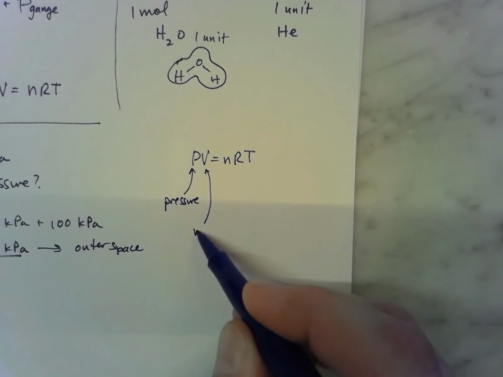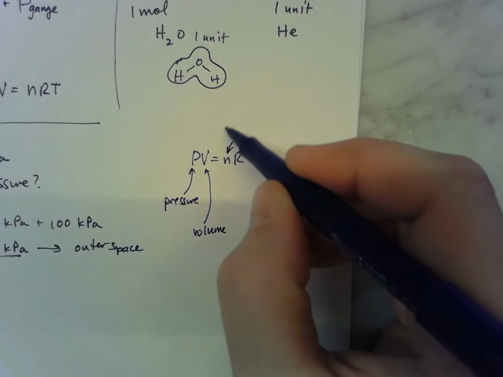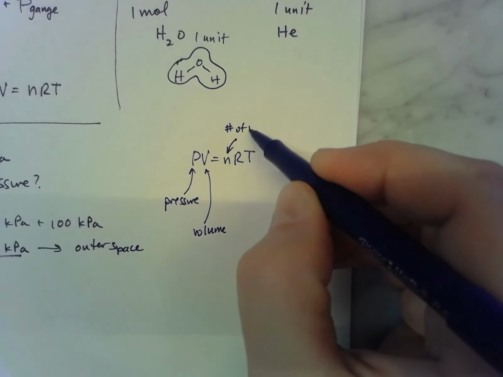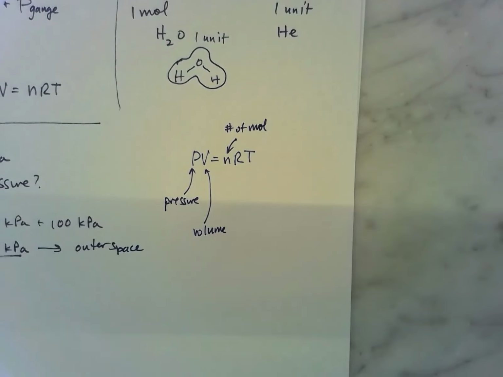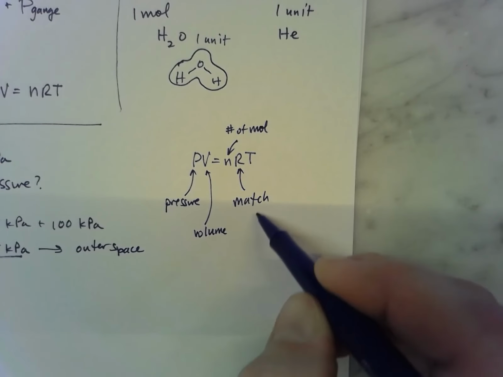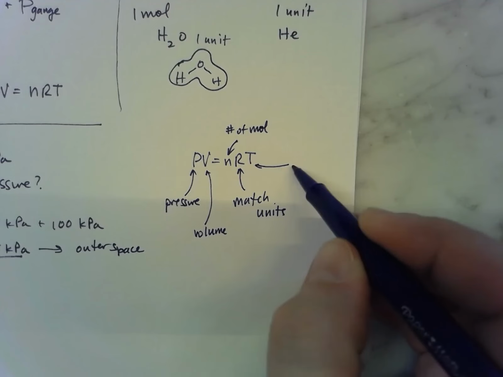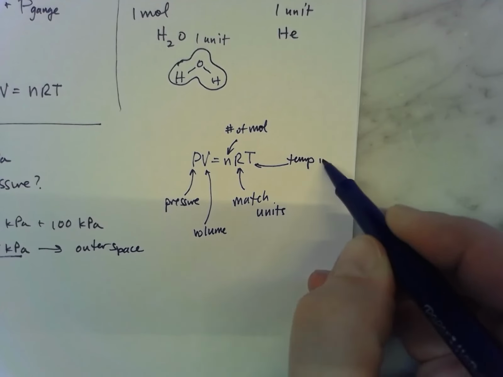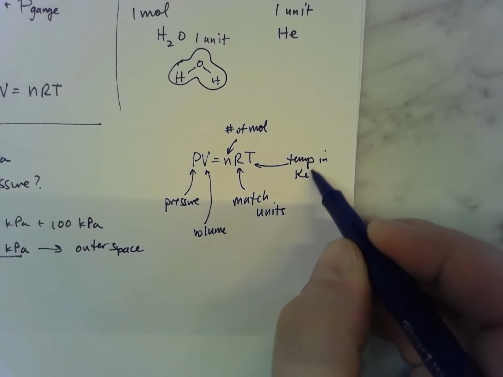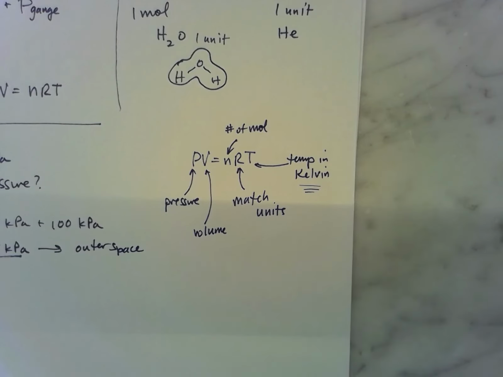We've got volume in whatever units. We've got number of moles, and R is going to match the units. And then T is temperature in Kelvin. It has to be in Kelvin.